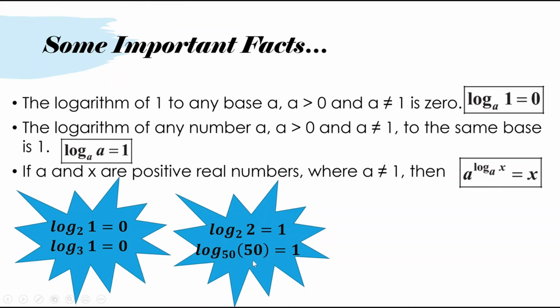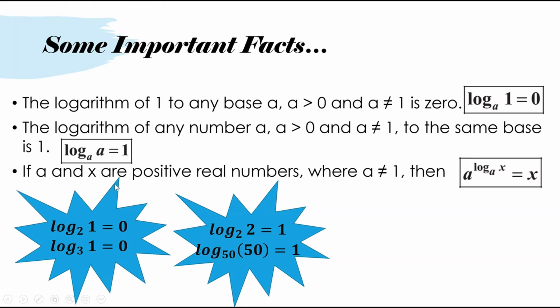Log of 50 with base 50 is 1. Okay, this is the second important fact. By seeing the question, you should understand that if the argument is 1, the value should be 0. If both base and argument are equal, the value should be 1. Okay, so these are the important facts that you need to know while doing the difficult problems.